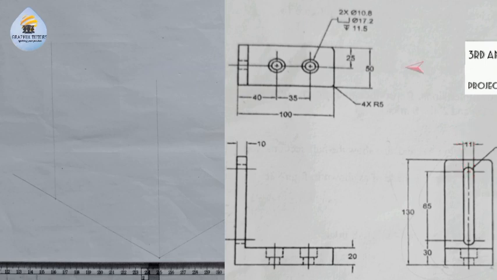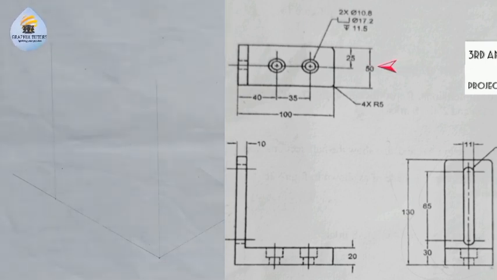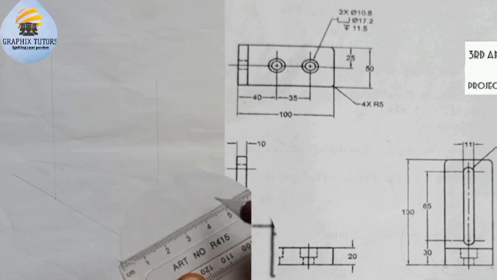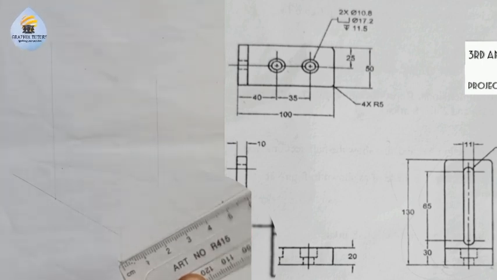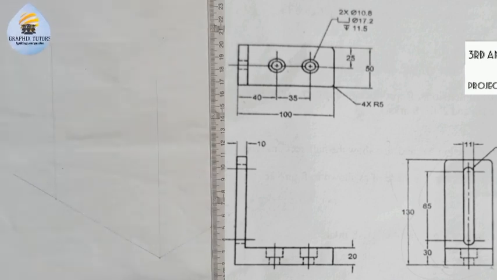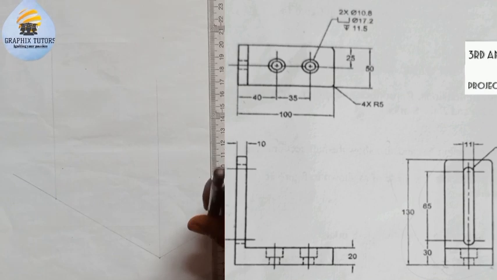This point here that is 50 is equal to this point here, and that is 50. So I'm going to measure 50 at this point here. From 0 to 50 is 50. And I'm going to project it up this way.